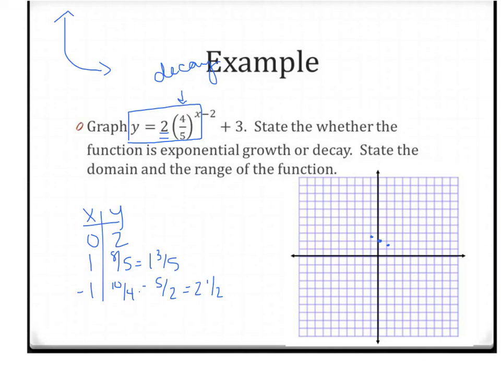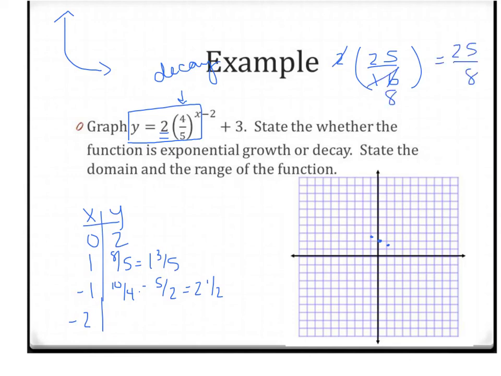Okay. And so this one is not going to be as curved. And so let's see if I can do this one here. If I put in -2, that is going to be 25/16 times 2. Oops, trying here without my calculator.